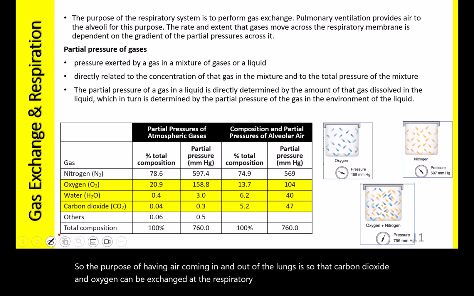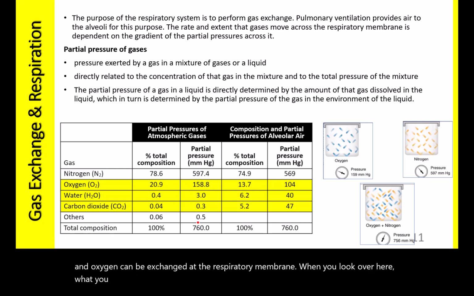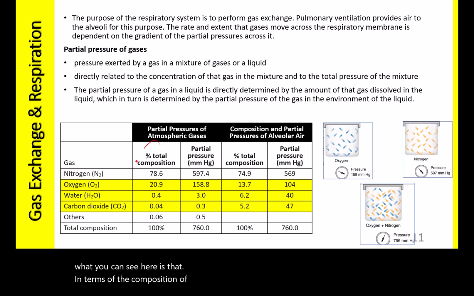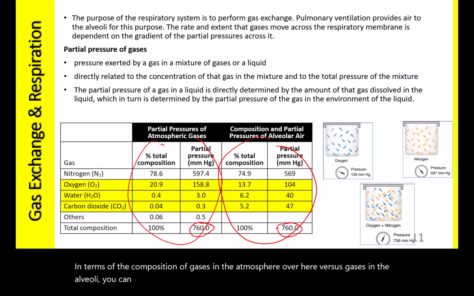When you look over here, in terms of the composition of gases in the atmosphere versus gases in the alveoli, you can see that it totals up to the same number.